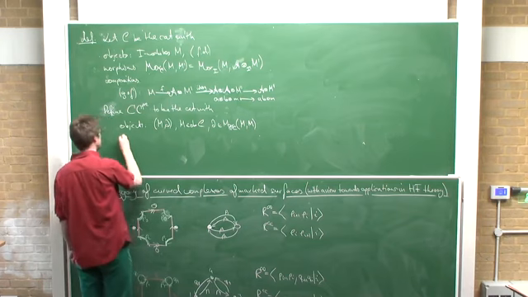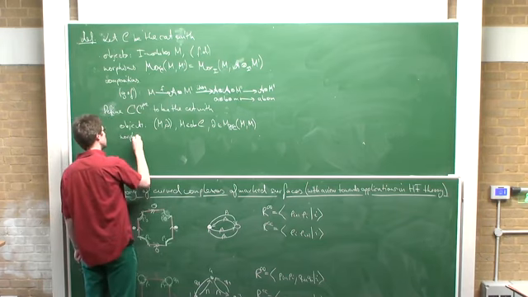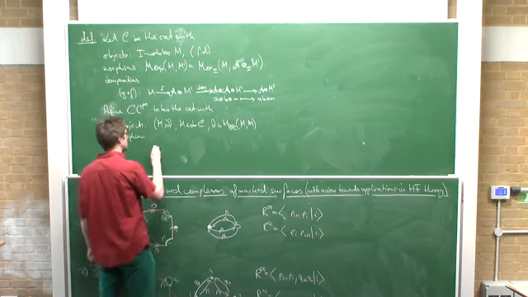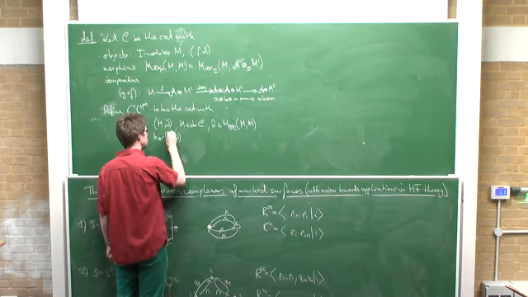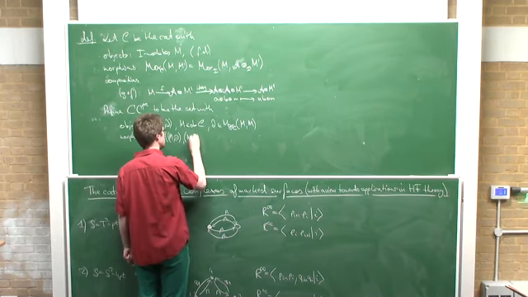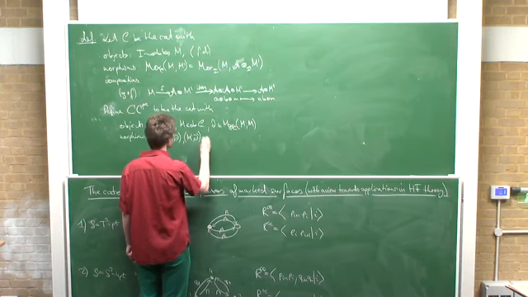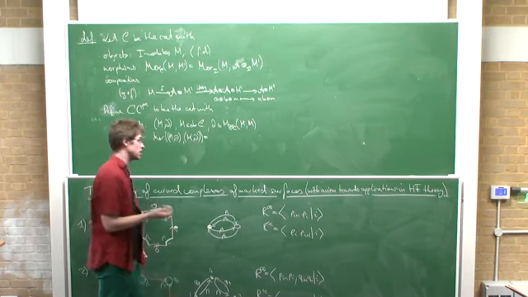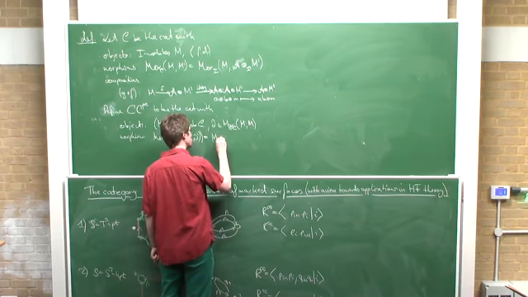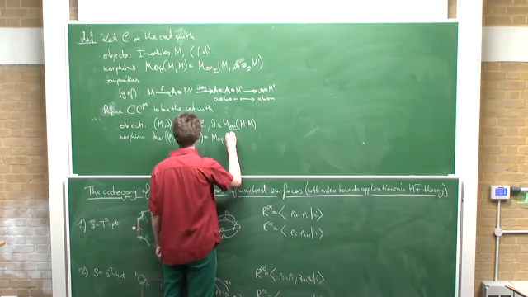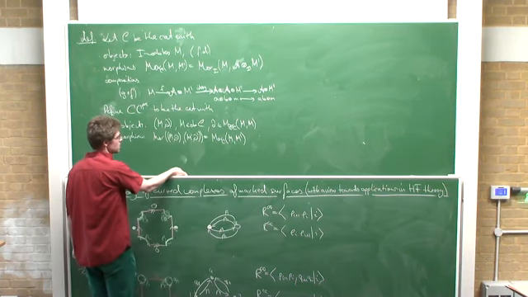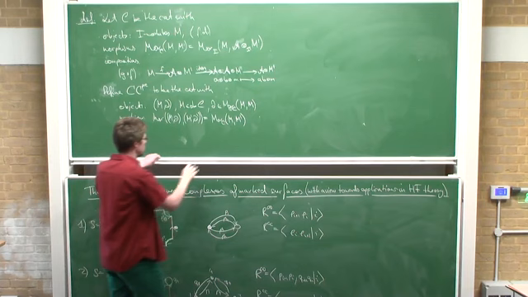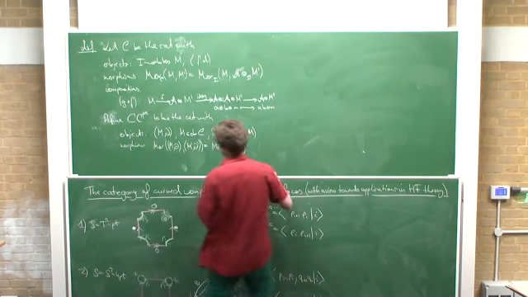And morphisms from some M, delta to M prime, delta prime are just the morphisms of the underlying space. Okay, and obvious composition.